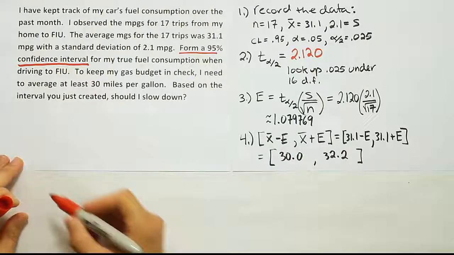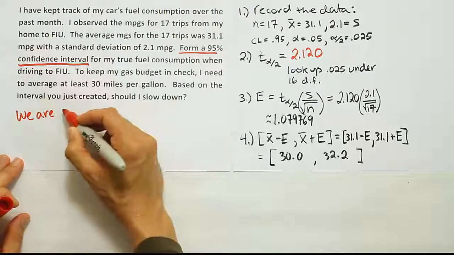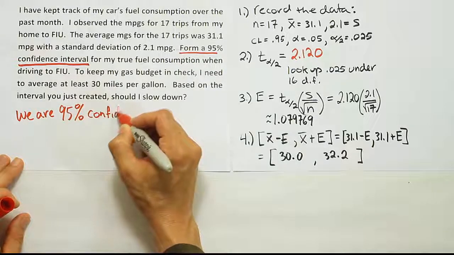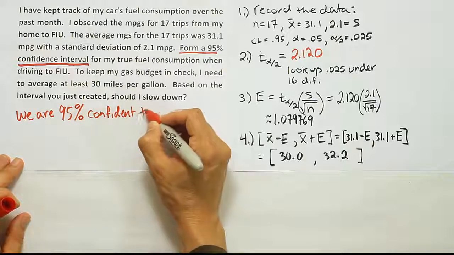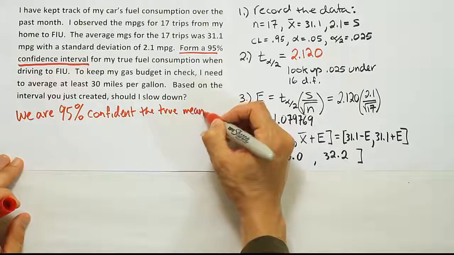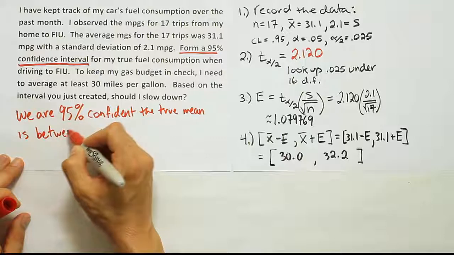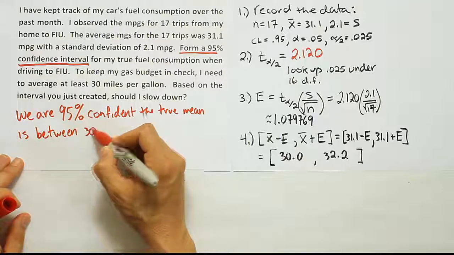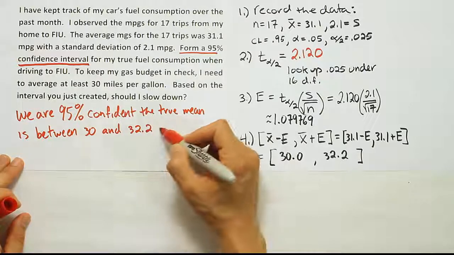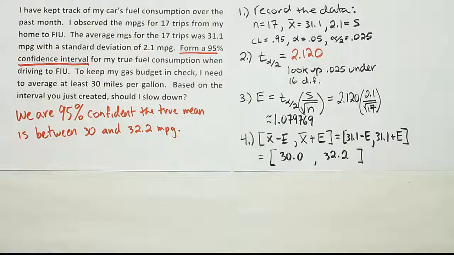We are 95% confident the true mean fuel consumption is between 30 and 32.2 miles per gallon. All right, now how does that relate to the question that was asked at the end?